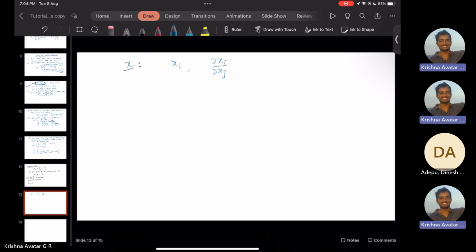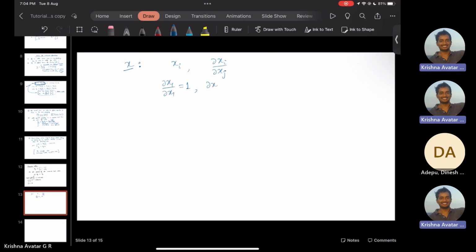If we are taking the derivative of the component with respect to itself, then it will give a value of 1. So x1 with respect to x1 gives a value of 1.